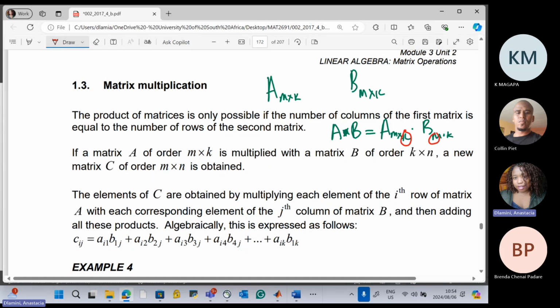For matrix multiplication to hold, this must be a K by something, let's say K by N. So the inner dimensions have to match. Are we all together? Yes, ma'am. So meaning that if I have A, M by K, and I have B, K by N, I can find A times B, but I cannot find B times A. Do you see that? And do you see why?